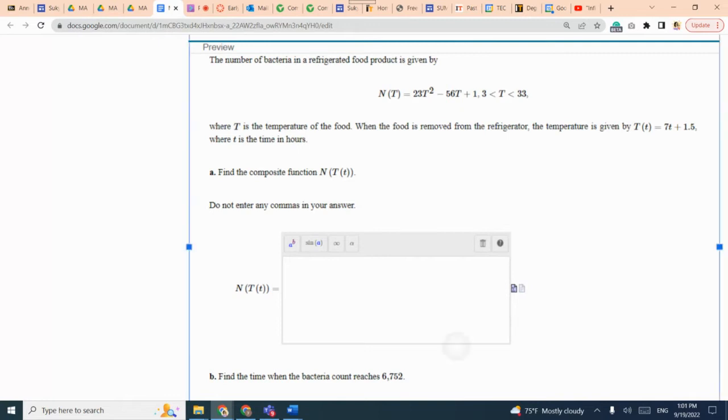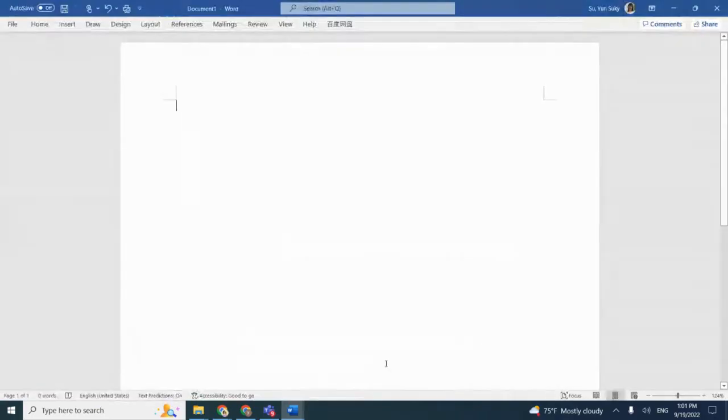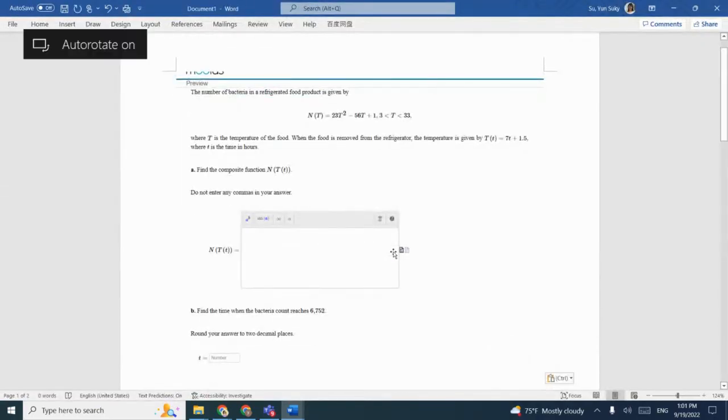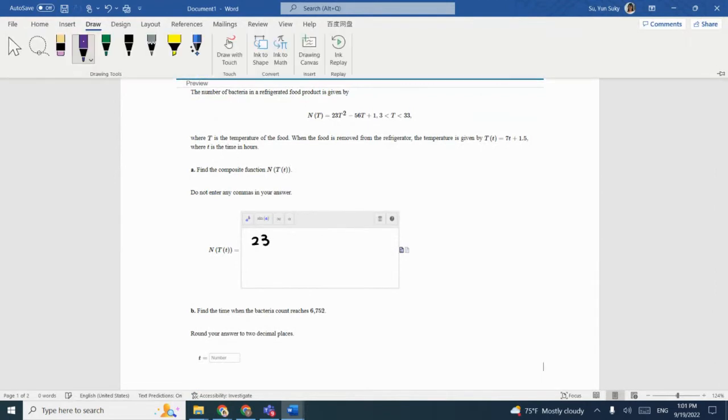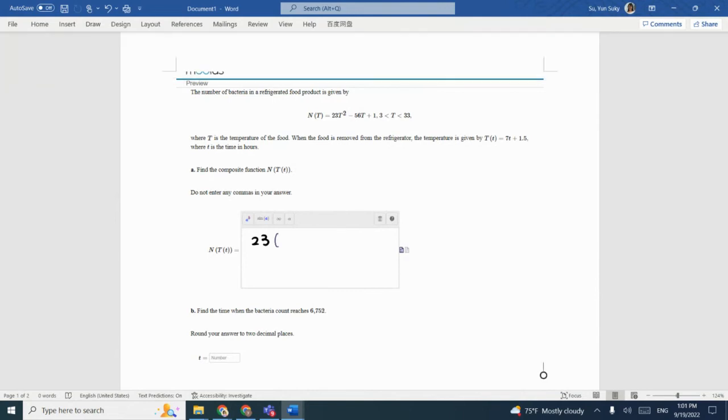So we got 23, and then whenever you see capital T, replace it with 7t plus 1.5, squared, minus 56, and capital T is 7 small t plus 1.5, and plus 1.